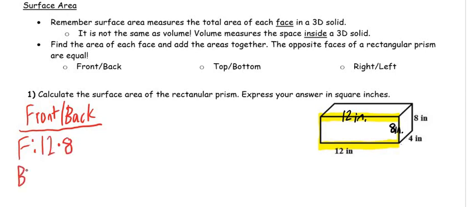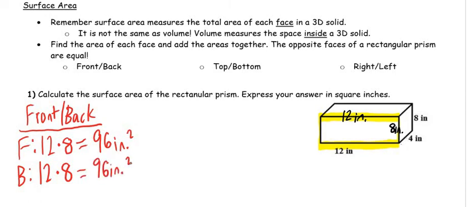And we would do the same thing to find the area of the back face. The base of 12 times the height of 8, because those faces are equal. So the area of the front face is 96, and that would be inches squared. Same area for the back face, 96 inches squared.